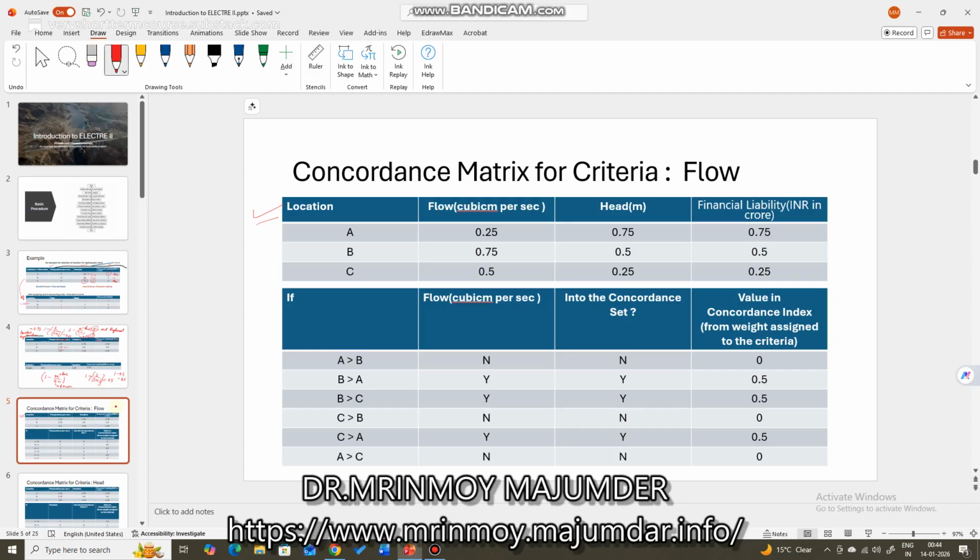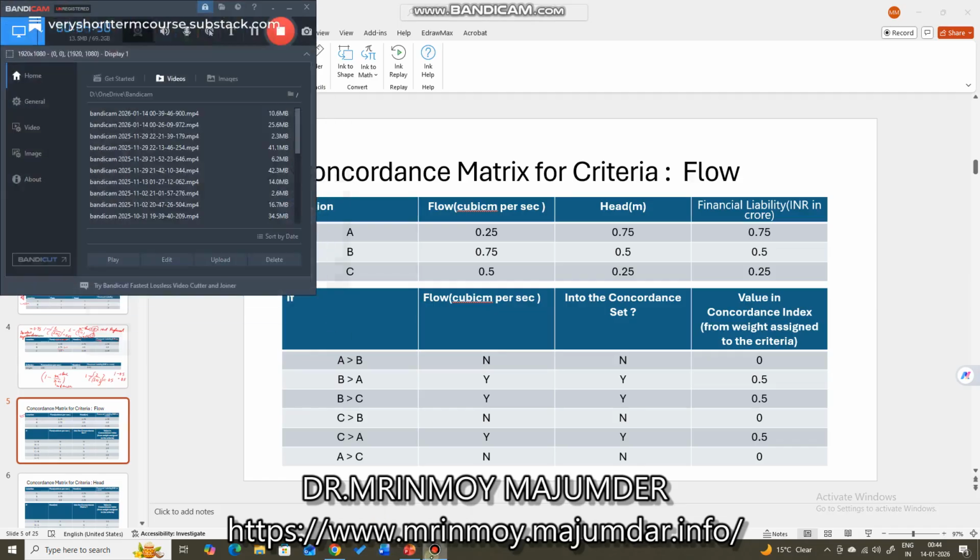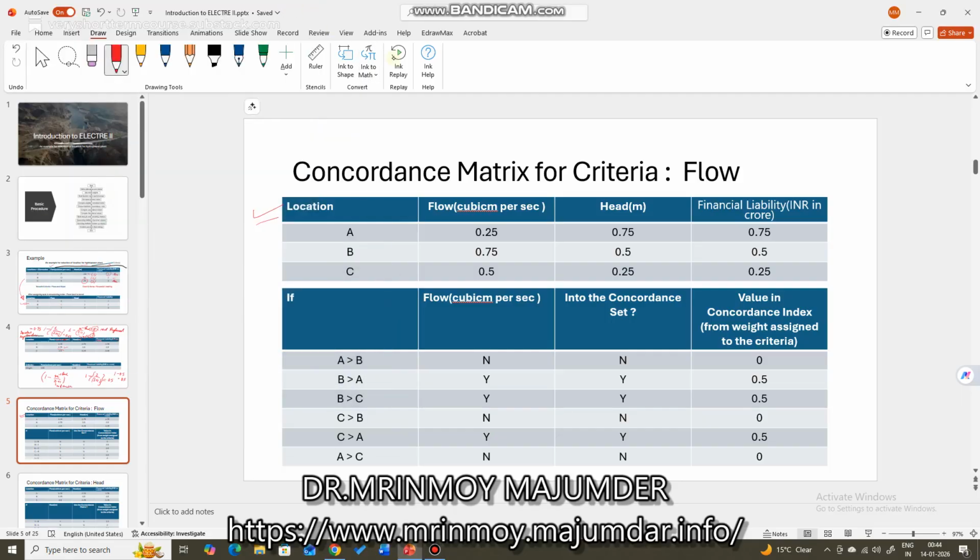Now, how? I am asking the question: does A outrank B with respect to flow? Now go to this normalized matrix. By comparing the values of A and B, you can find A is not greater than B. It is correct because the value of A is 0.25 and the value of B is 0.75.